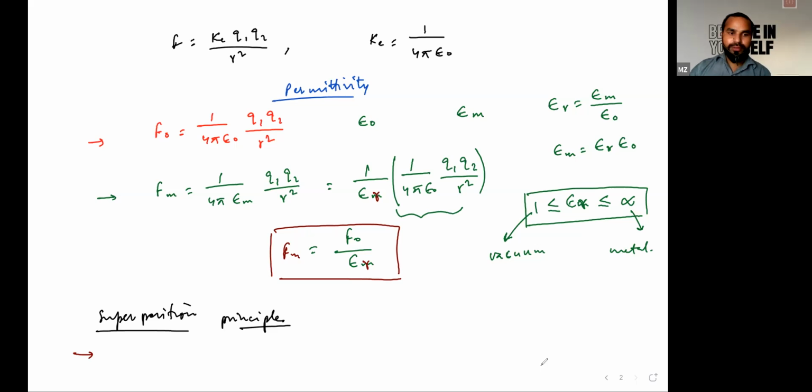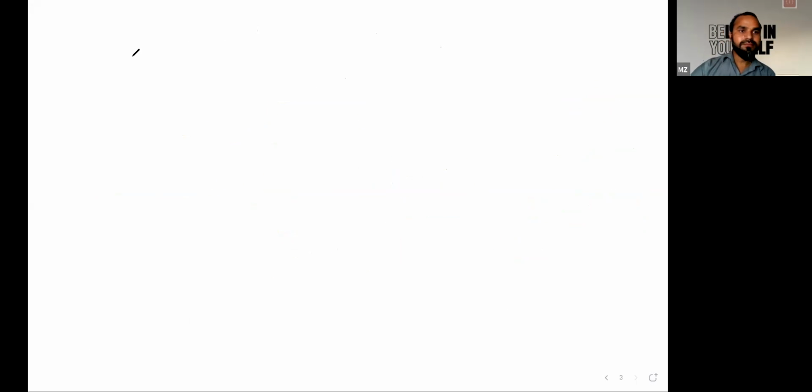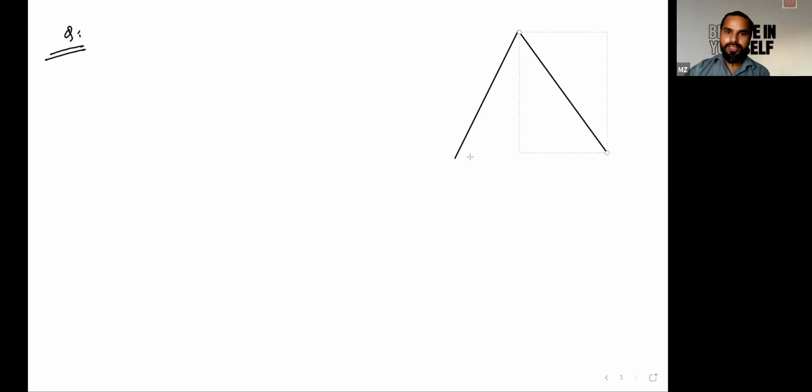So what do you mean by vector addition of any two different quantities? I'm explaining to you. Okay. If you have a question, three point charges are placed on the vertices of an equilateral triangle like this.